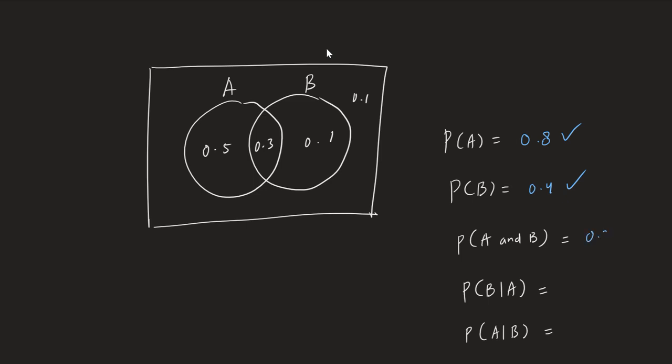A and B is the intersection. So we go back. What's my equation for P of A and B? Isn't it P of A times P of B? No, you cannot, because you're not given the information that event A and event B are independent.